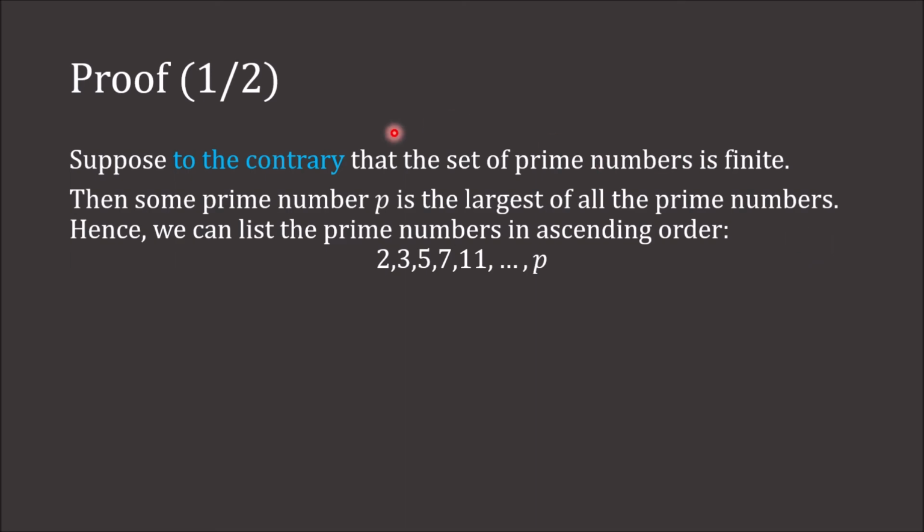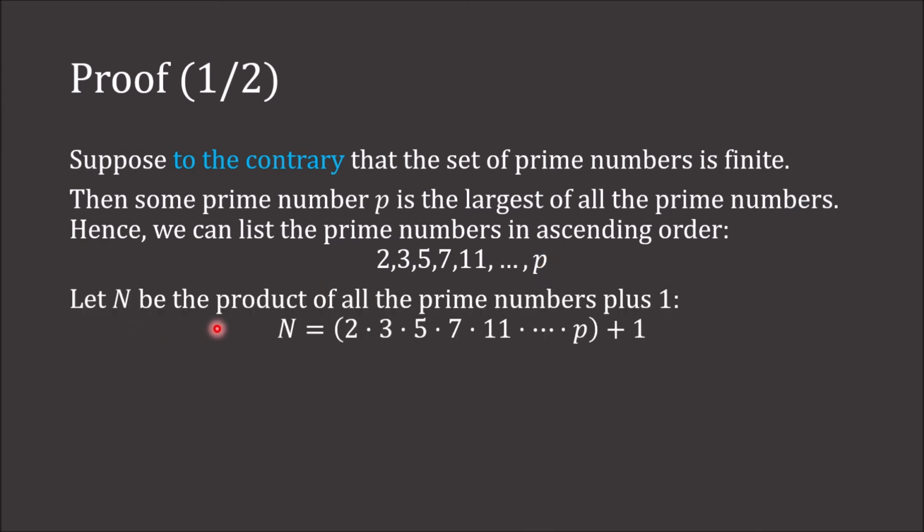So we can list the prime numbers in ascending order: 2, 3, 5, 7, 11, and so on and so forth, up until p. Now, let big N be the product of all the prime numbers plus 1. That is, N is 2 times 3 times 5 times 7 times 11, and so on, times p, and then add 1 to it.